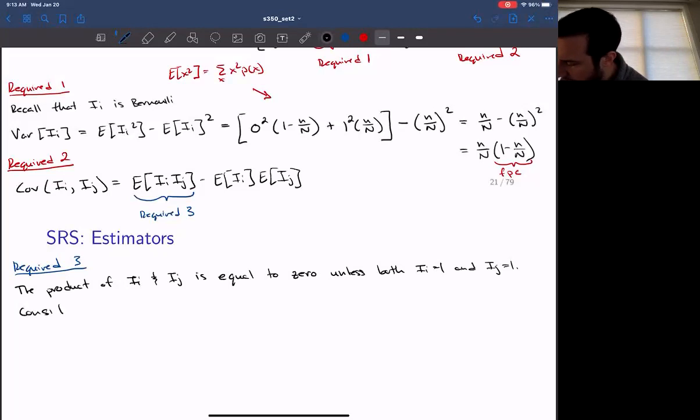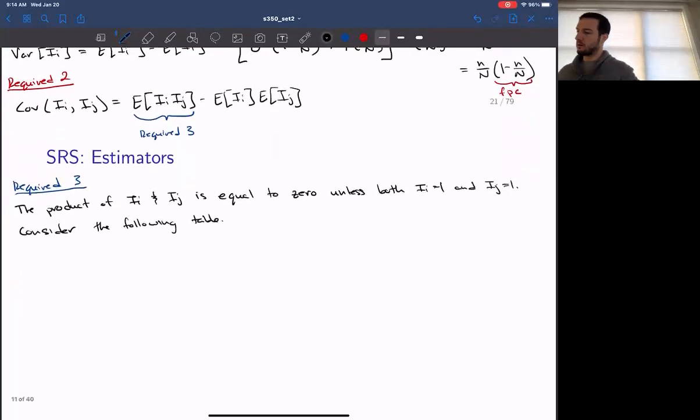So to understand this, we can consider the following illustration, or the following table, I guess, if you want. Just trying to maximize my space allocation here.